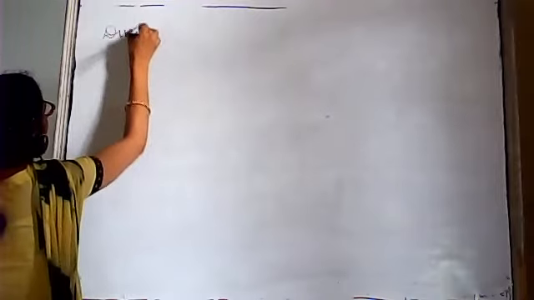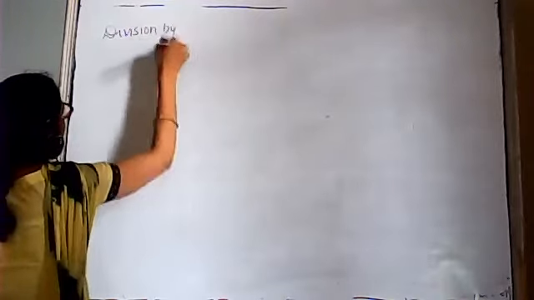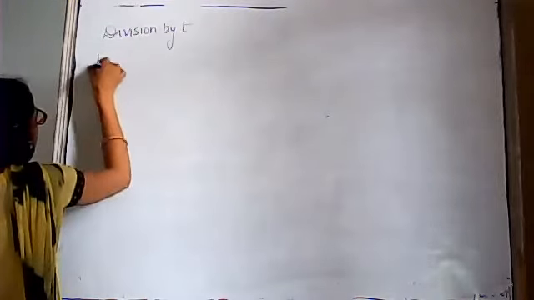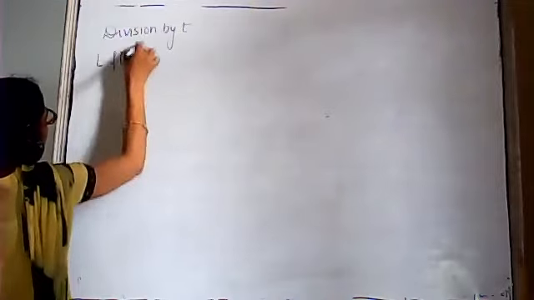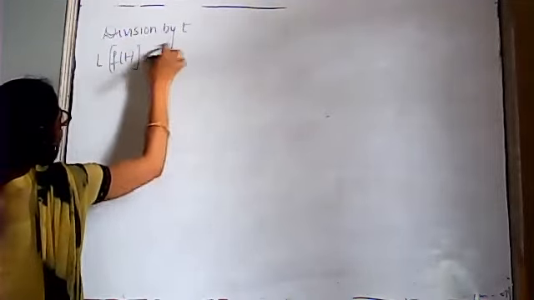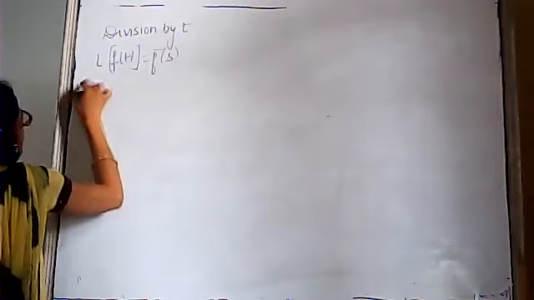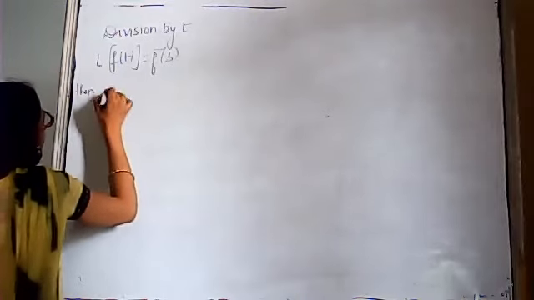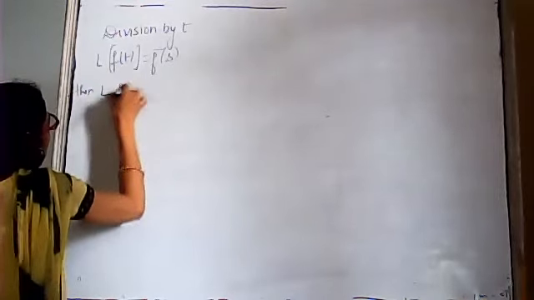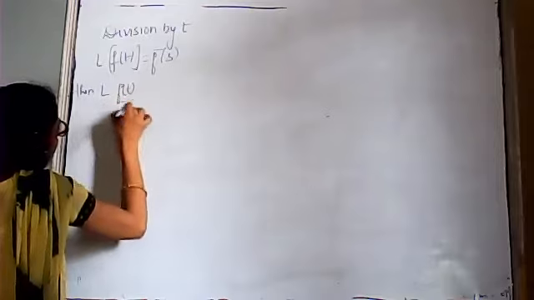Next is division by t. Again we have, if Laplace of f(t) equals to f bar(s), then Laplace of f(t) divided by t.